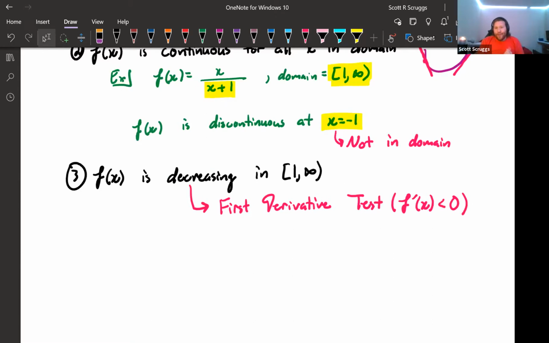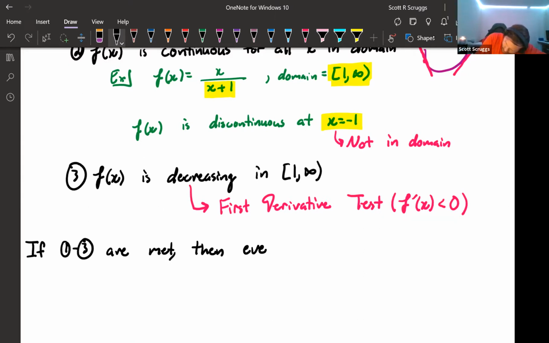After I check that those 3 conditions are satisfied, then we do what the namesake for the integral test says, which is now we evaluate that improper integral.